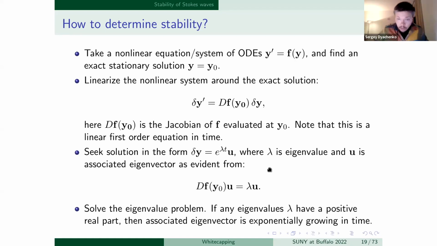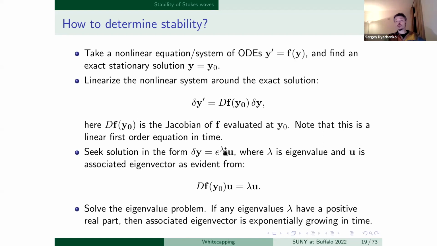So now, if we're interested in the stability of the solution, then we need to look at what values of lambda we get. If we get any values of lambda that have a positive real part, this implies that our ansatz delta y equals e to the power lambda t will have some positive real part multiplied by t.